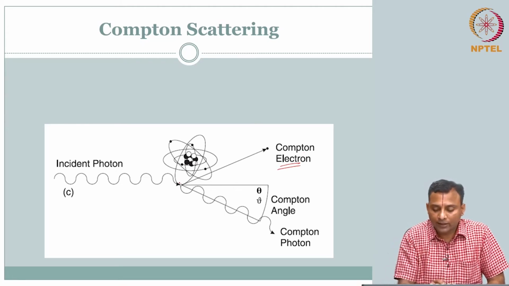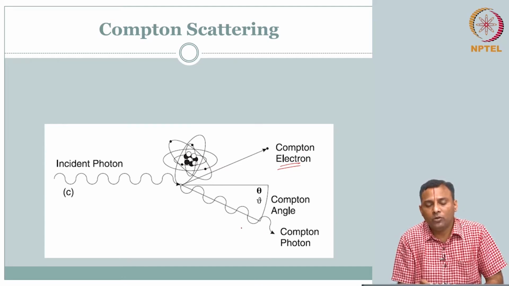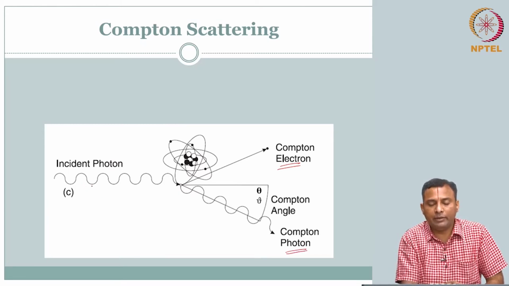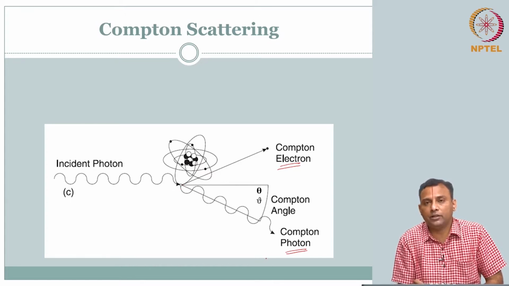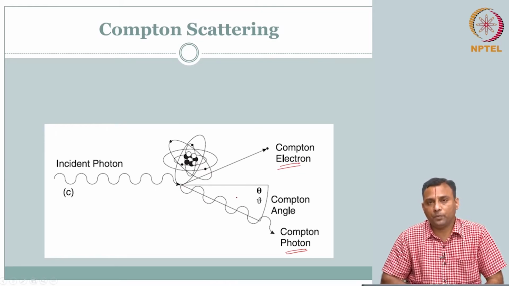Likewise, here you have the Compton photon. What is the Compton photon? It is still the photon, but with reduced energy due to Compton scattering. So, the Compton photon is the incoming energy that is reduced due to Compton scattering. It has lost some energy in this interaction, and it is at a different path, different angle now. Okay.